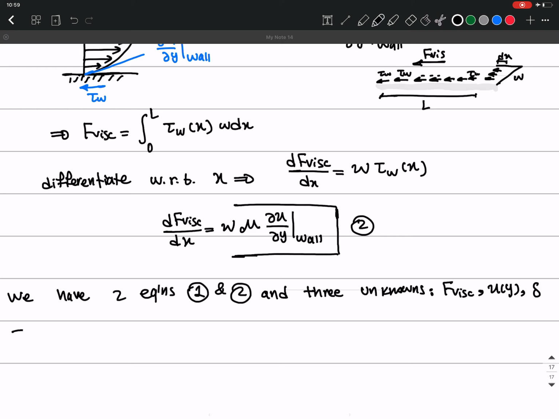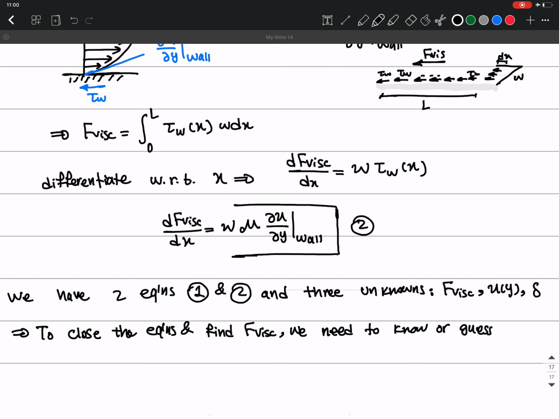So to close the equations and find F viscosity, we need to know or guess the shape of the velocity profile.